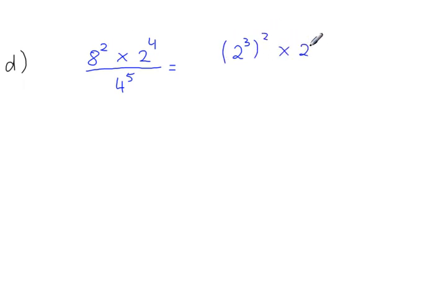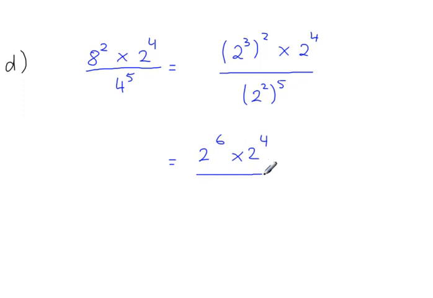This is already to a base of 2. Denominator now 4 is the same as 2 squared. 4 to the power of 5, 2 squared to the power of 5. And now we're just simplifying. So 3 times 2 is 6. 2 to the power of 6 times 2 to the power of 4 over 2 times 5 is 10. 2 to the power of 10.